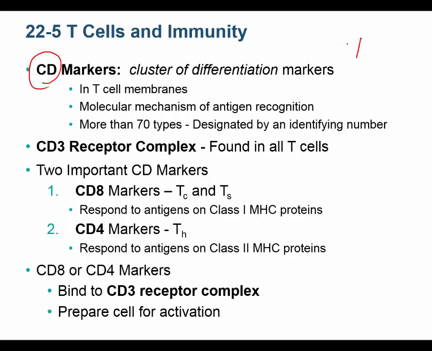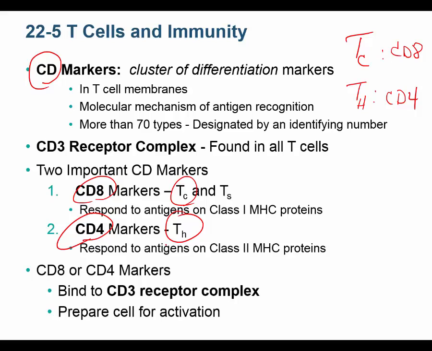T cytotoxics have CD8s. T helpers have CD4s. You have to memorize that. T cytotoxics have CD8s and T helpers have CD4s. All right? Says it right here. CD8, T cytotoxic; CD4, T helper.